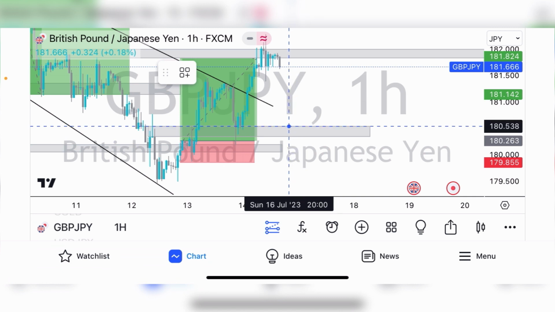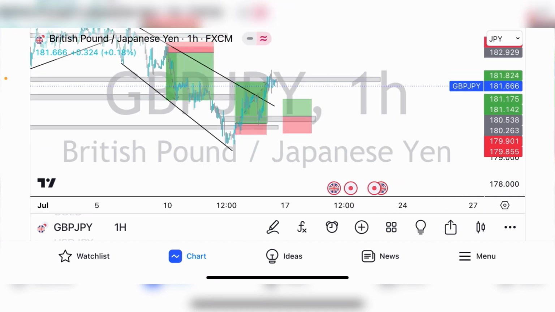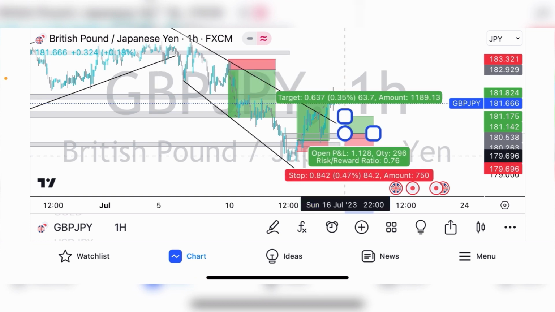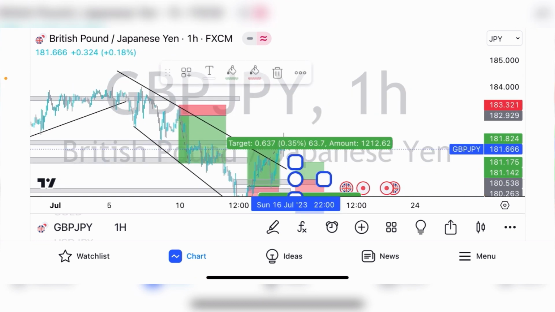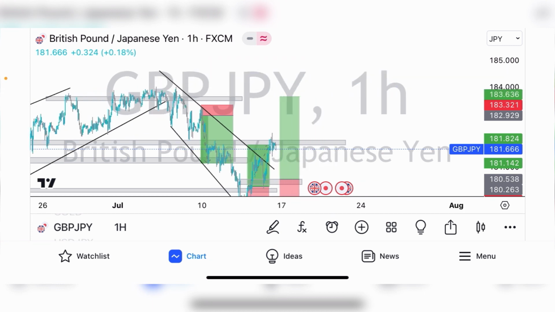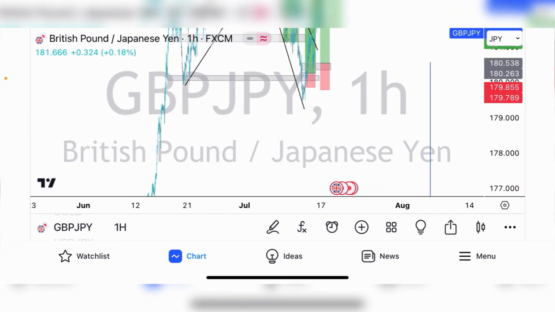The market might come and want to test around this area, and then from this area we can shoot all the way upwards to back there, if this makes sense.